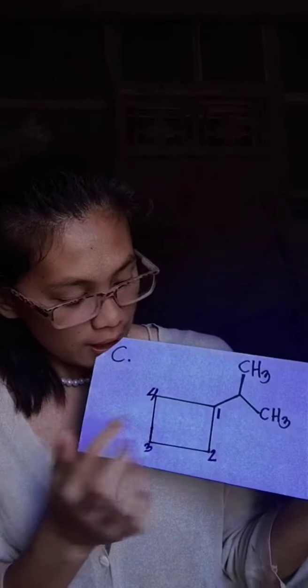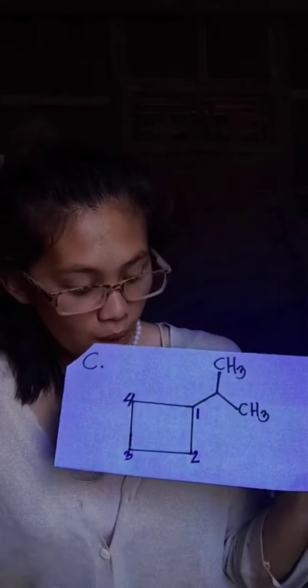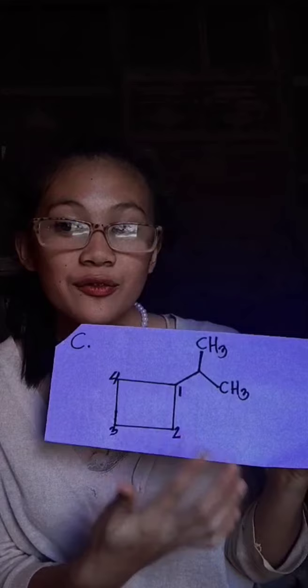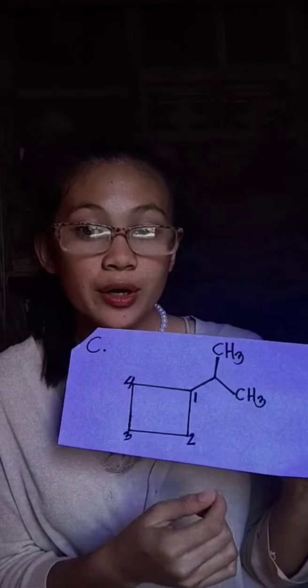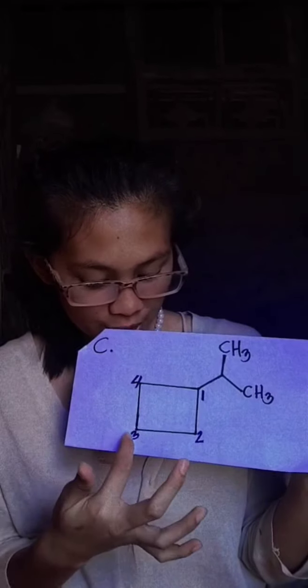And the last but not the least is problem letter C. So, this is the cycloalkane. So, this part is the substituent. So, I start numbering at the left side because in numbering the first substituent gets as low a number as possible. So, that's why carbon 1, carbon 2, carbon 3, carbon 4.